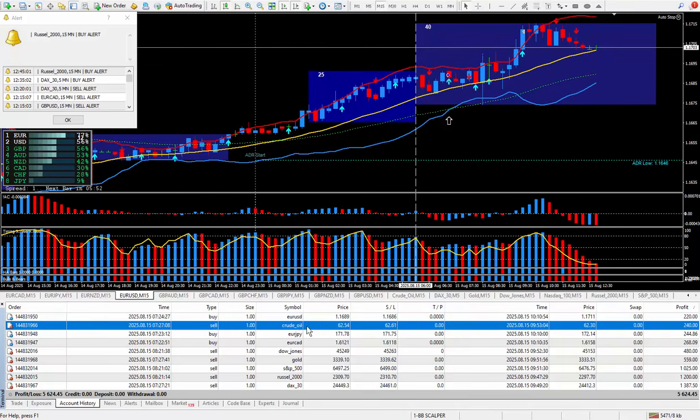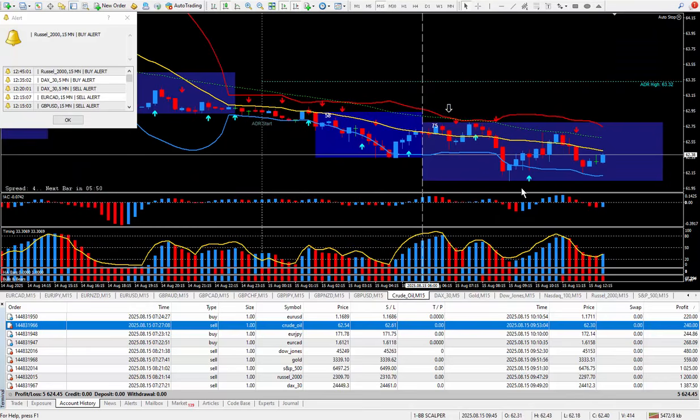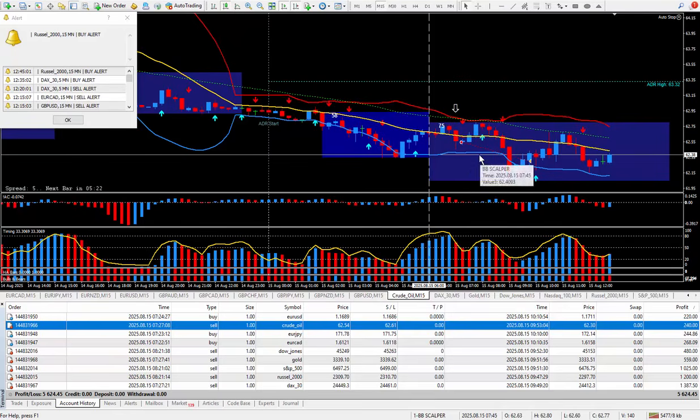Next one I did was the crude oil. Here we go. So I wanted to be selling it. Arrow from the daily trade plan, super signal. Everything was looking good. My system was saying to short it. So let's drag and drop this up, see where I got in at.